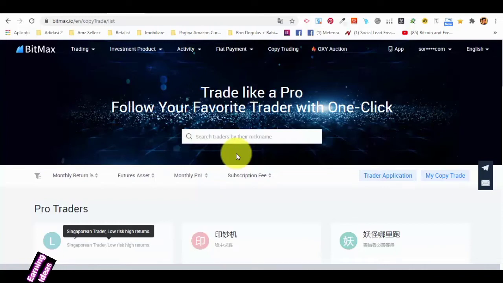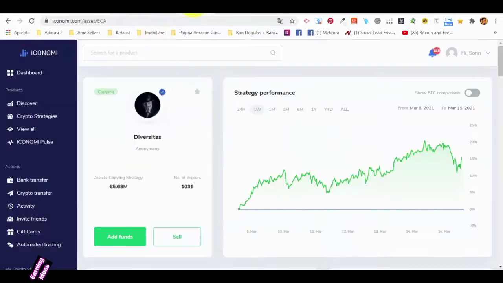One of them is Economy and one of them is BitMax. BitMax you have seen before. They have a very good diversified staking type of service offering, and Economy is a platform where actually this is what you are doing. It's focused on copying traders, or copy trading.